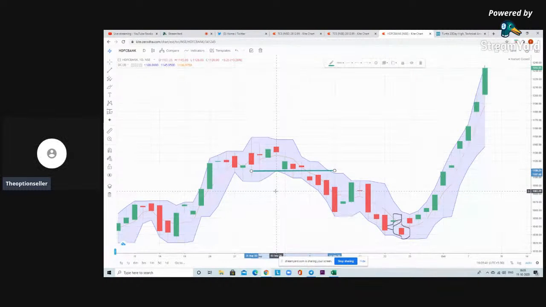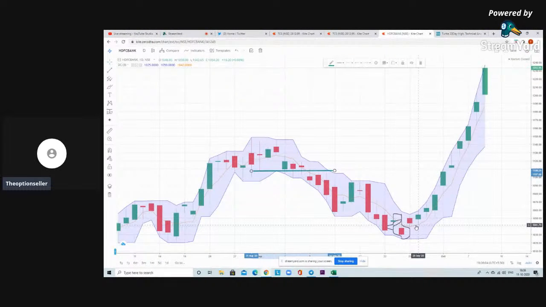If the last 3 days highs have been broken, we will consider the stock to be in an uptrend, and if the last 3 days lows have been broken, we will consider it to be in a downtrend. For example, as you can see right now, HDFC Bank has been in an uptrend since 28th of September.